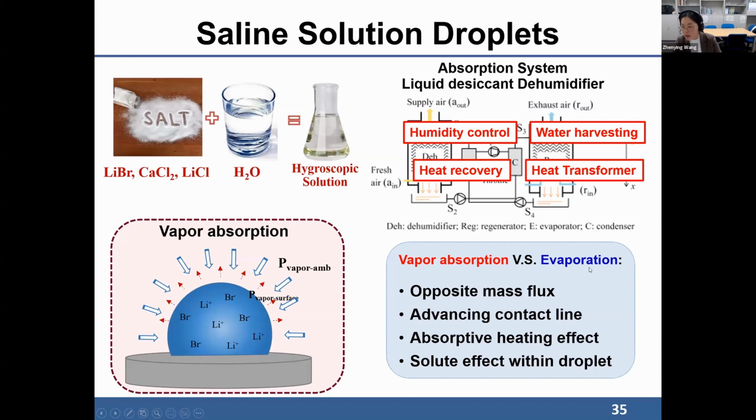Compared with evaporation, in high humidity it will have opposite mass flux and an advancing contact line. Different from evaporative cooling, it has an absorptive heating effect, and it will also have some solute effect within the droplet because of the existence of the salt ions.